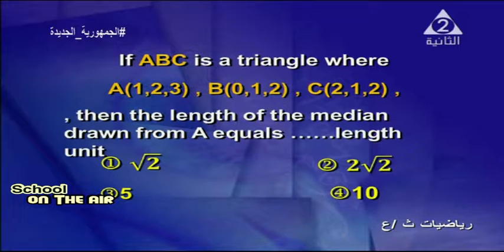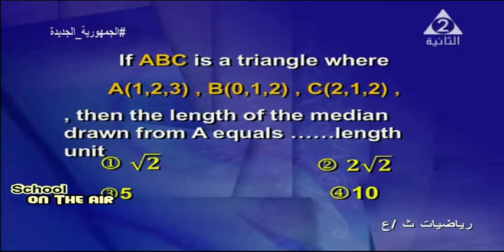What is the length of the median? It is the line segment between A and the midpoint, found by using the distance rule. What is the rule of distance? The square root of (x2 minus x1) squared plus (y2 minus y1) squared plus (z1 minus z2) squared.